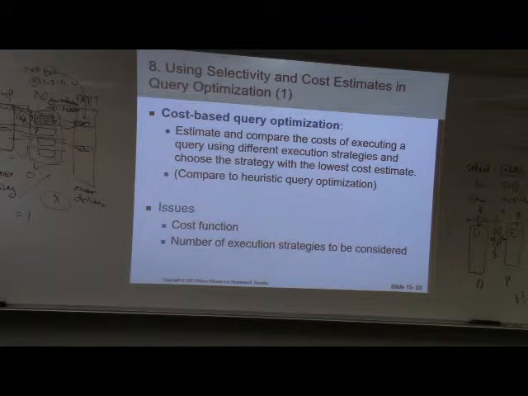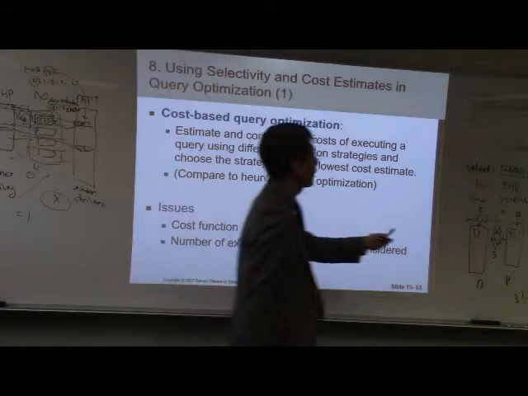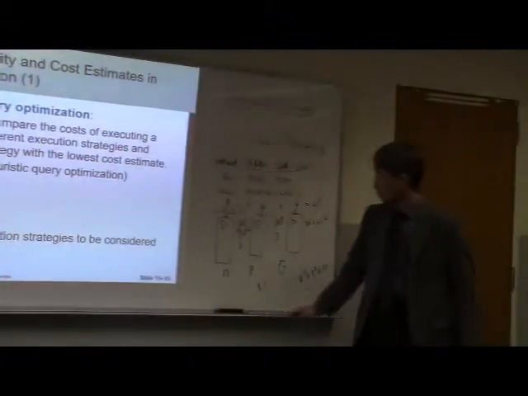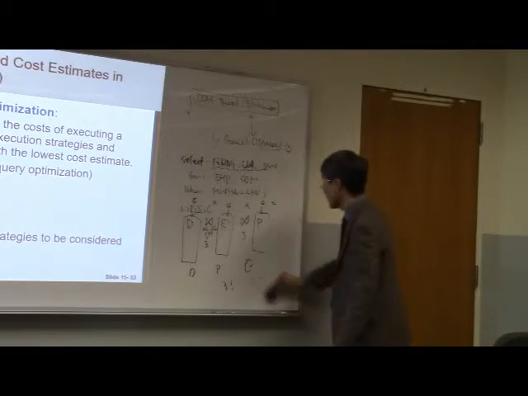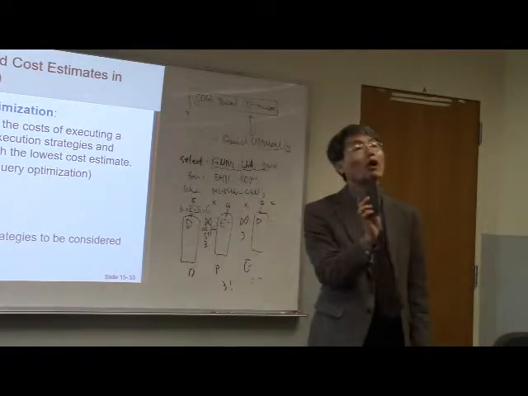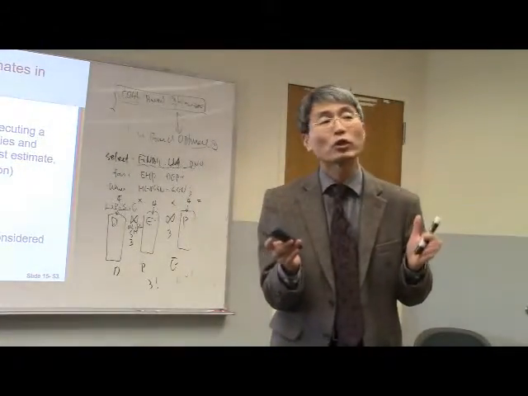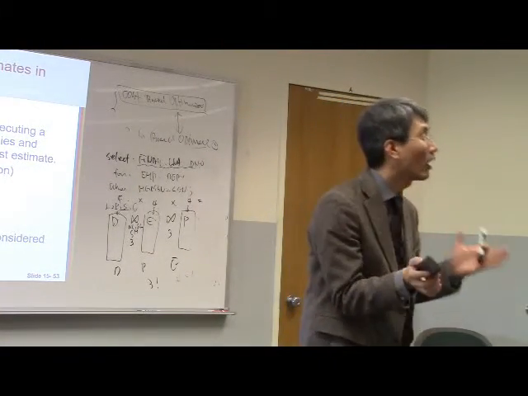Then finally, we are going to see cost-based query optimization. The main issue is how to calculate the cost for each operation. Okay, so that is the cost function. Many of them are standard algorithms, which means they are the same as the others.